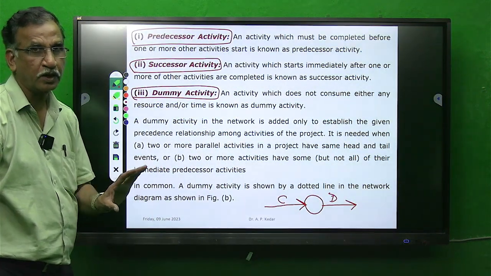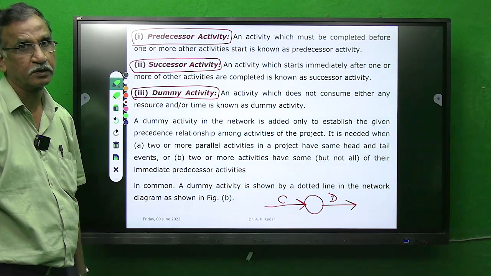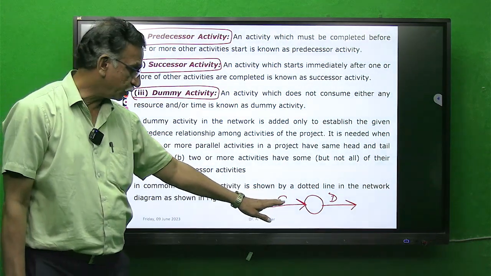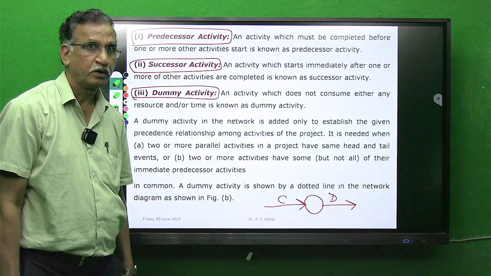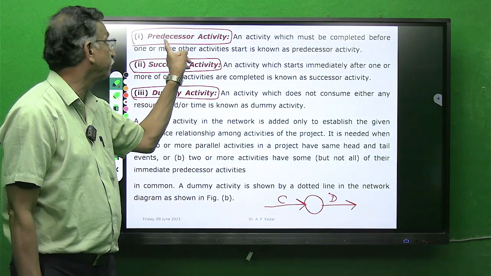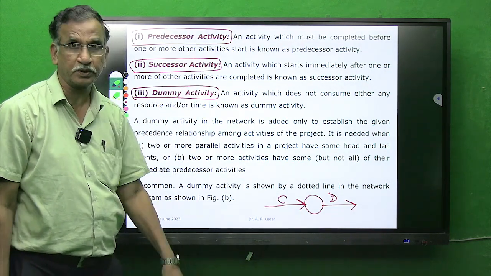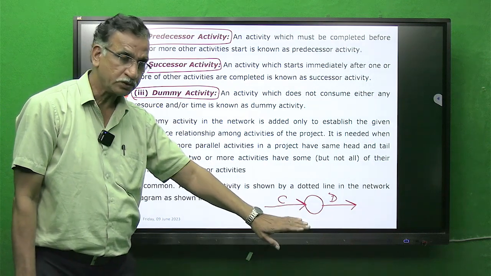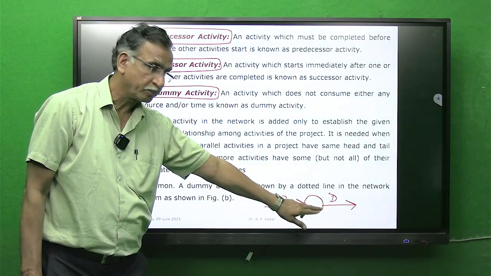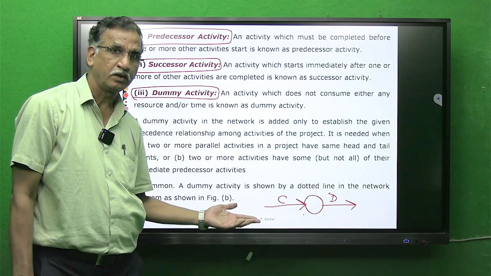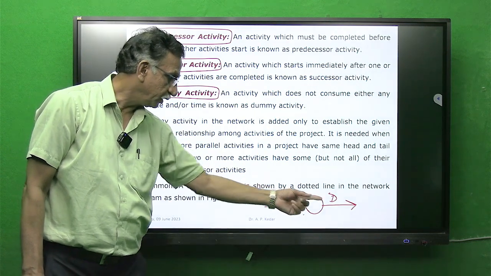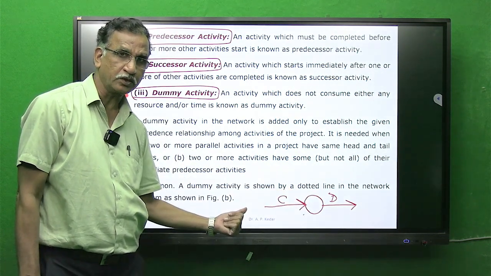This is what I have drawn, a part of a network where I have shown activity C and activity D. To understand the concept of predecessor and successor activity, students, for D, C is the predecessor.